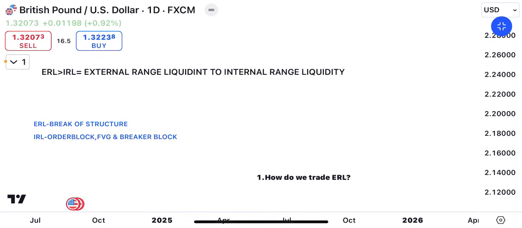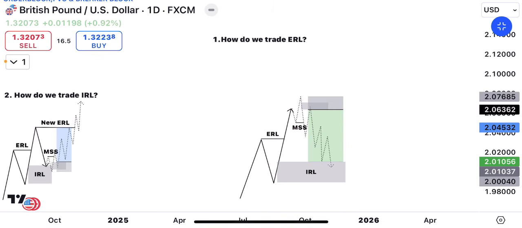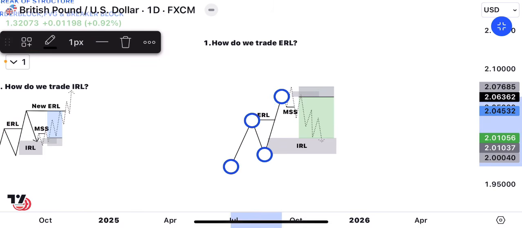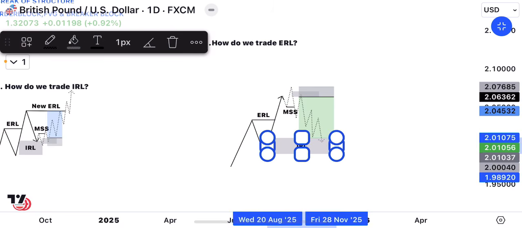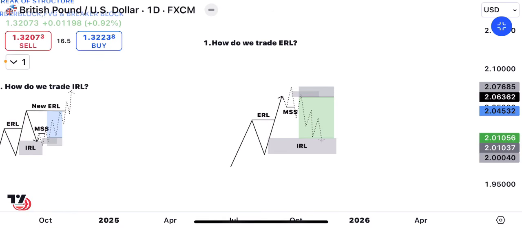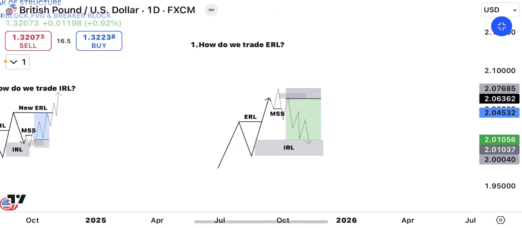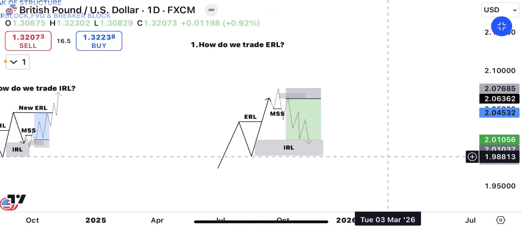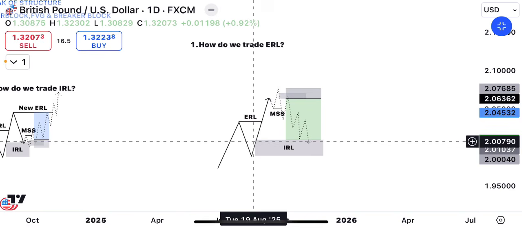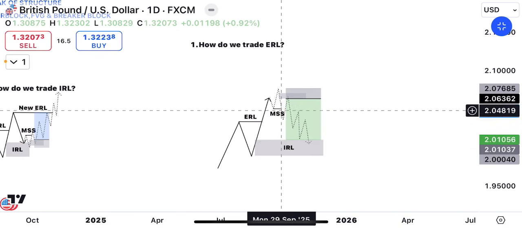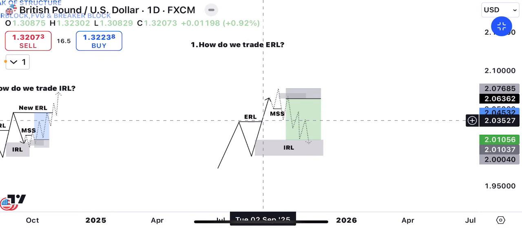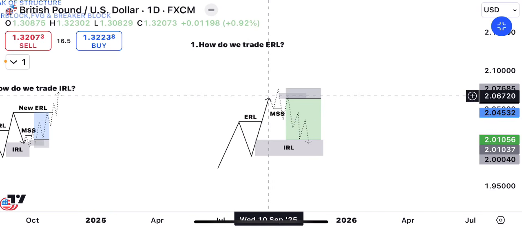How do we trade an ERL? Remember, let's say this is our higher time frame, and this is our lower time frame. So immediately after the market breaks the structure, breaks the previous high and creates a break of structure, it forms an external range liquidity.